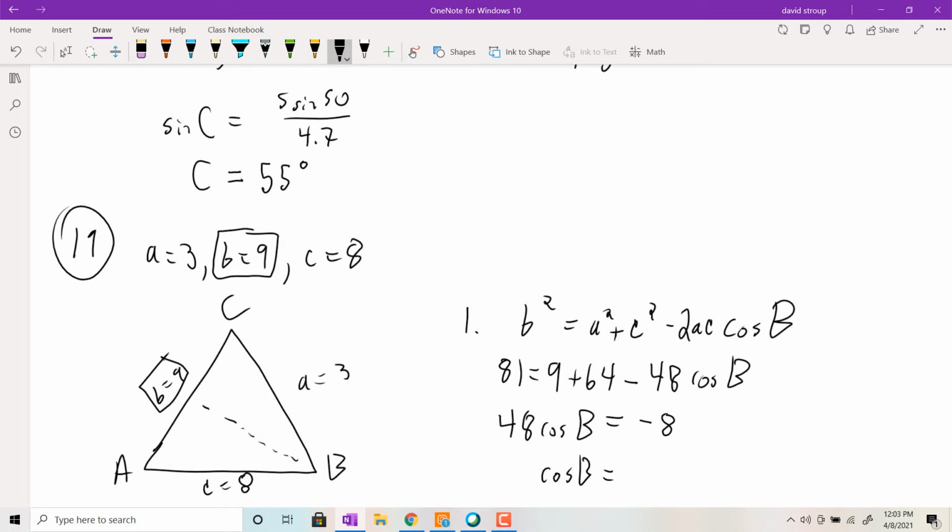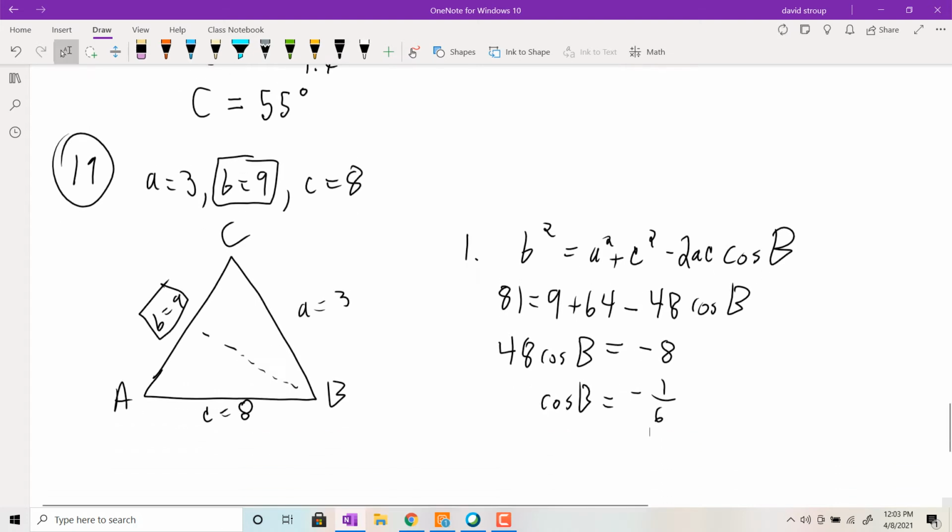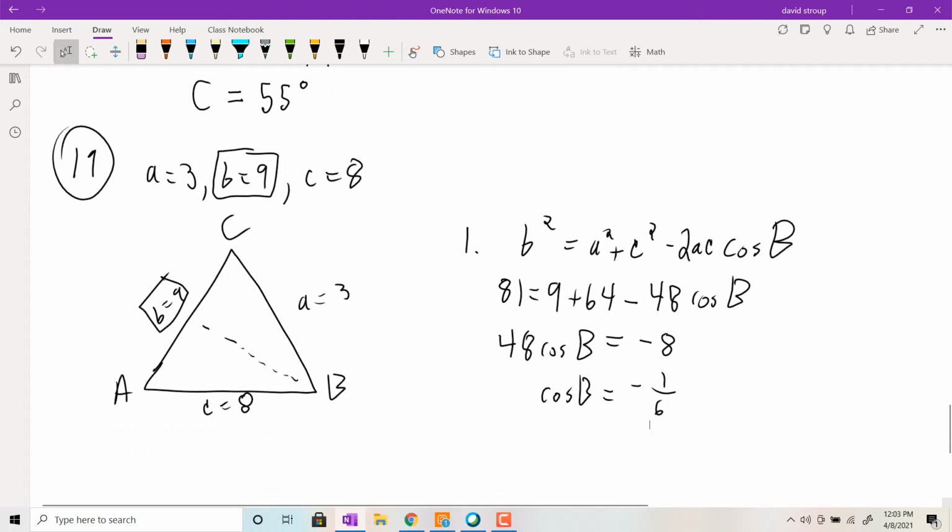Cosine of B is basically negative 1 over 6. And then take cosine inverse on both sides. Let me go on my calculator again. Cosine inverse of negative 1/6. Yeah, it looks like 99.6 degrees. But to the nearest degree, you have to round up to 100 degrees.